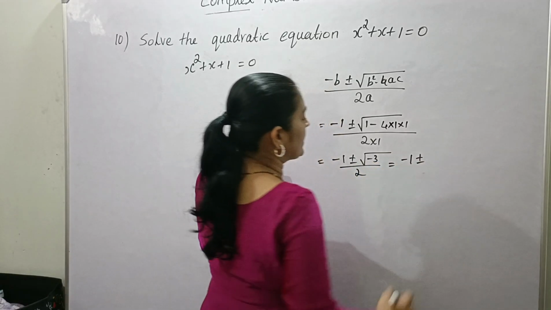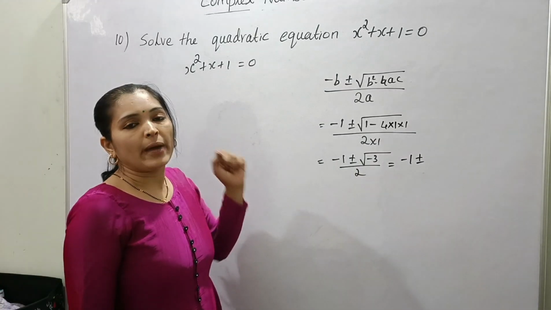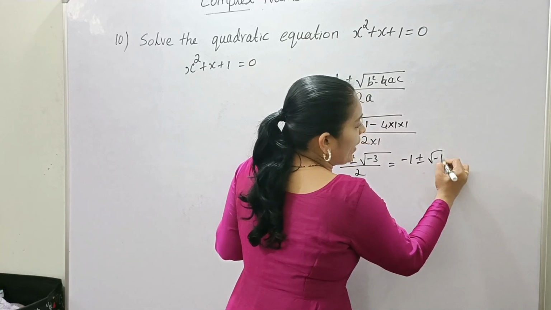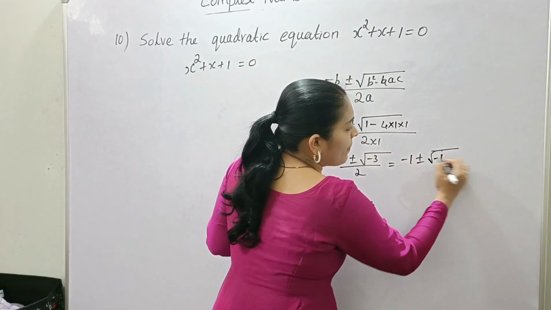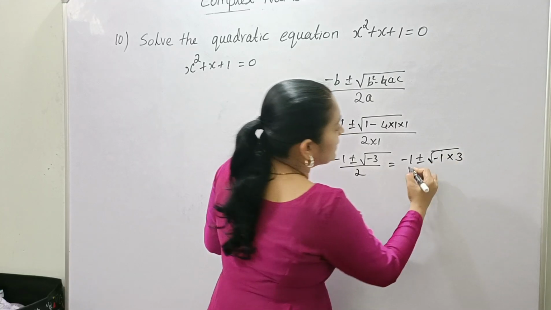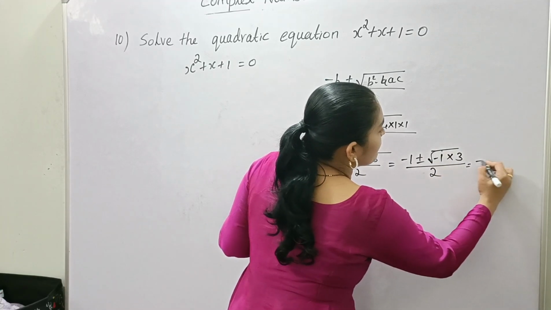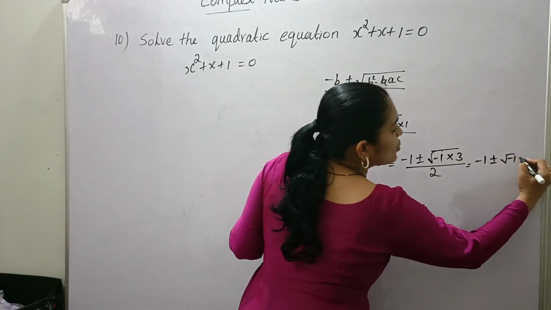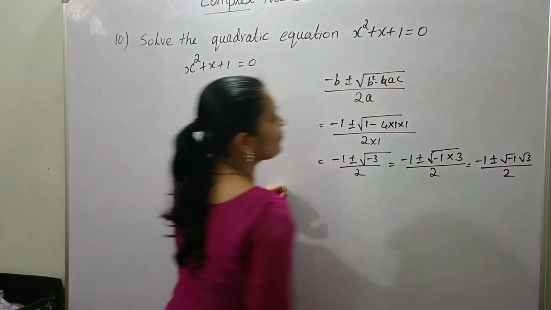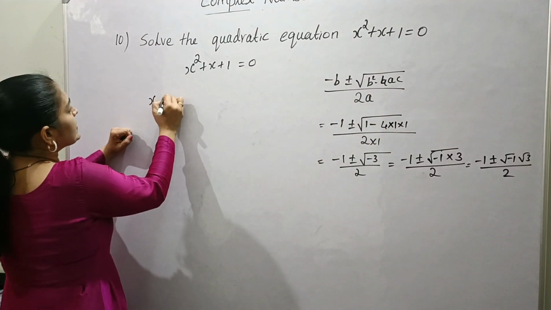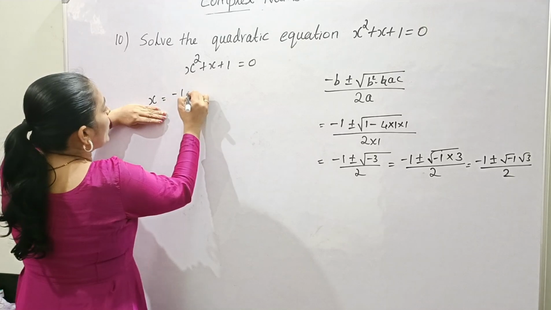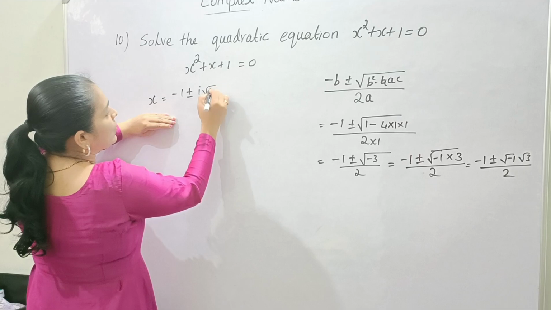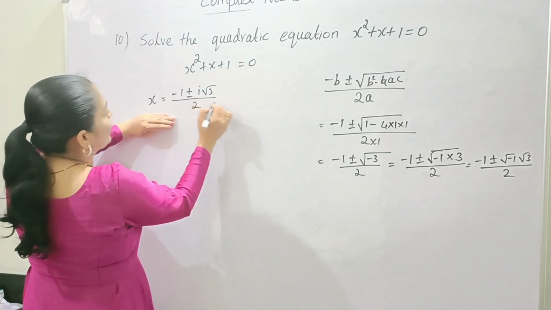And minus 1 plus or minus root of minus 3 can be written as root of minus 1 into 3, right? Divided by 2, that is minus 1 plus or minus root of minus 1 into root 3 divided by 2. That is here x is equal to minus 1 plus or minus root of minus 1, that is i, root 3 divided by 2.